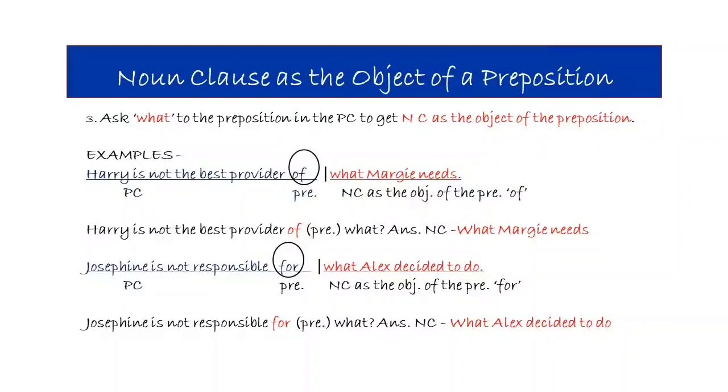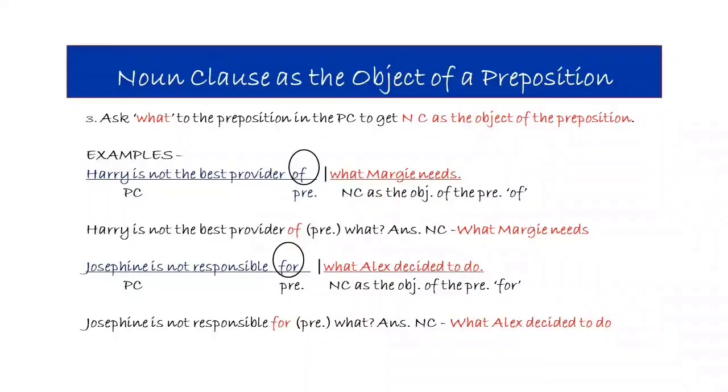Noun clause as the object of a preposition. In order to identify noun clause as the object of a preposition, we have to ask what to the preposition in the principal clause. For example, Harry is not the best provider of what Margie needs. Here, the principal clause is Harry is not the best provider of.